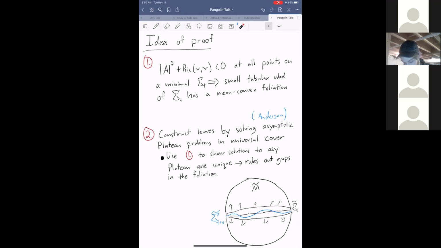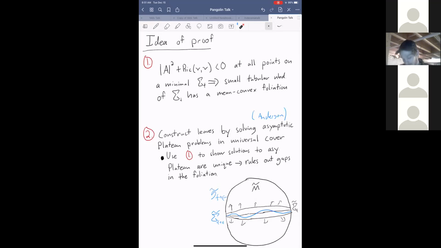And so what happens is if we vary the metric a little bit to g sub t plus epsilon tilde, then these surfaces that were mean convex in g sub t tilde, that I've drawn here with arrows pointing outwards, are going to remain mean convex if we deform the metric a little bit. If we're strictly mean convex, that's stable under small perturbations of the metric.